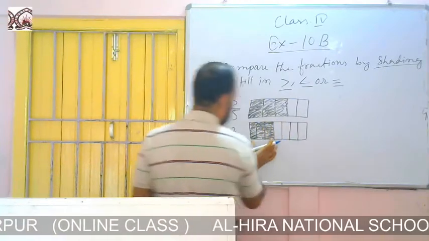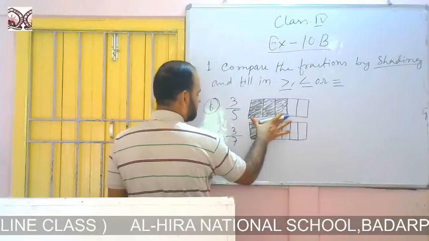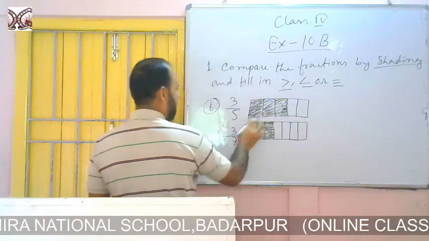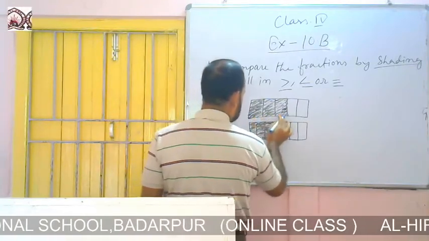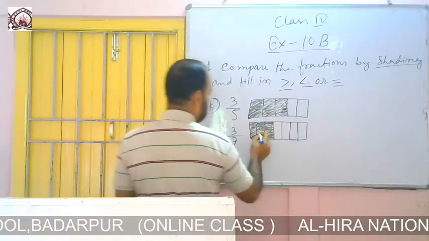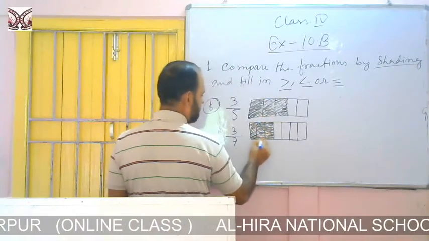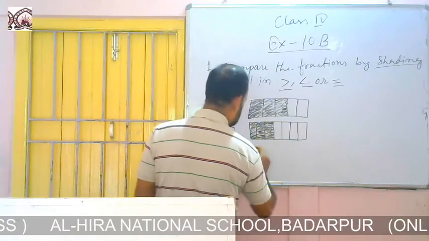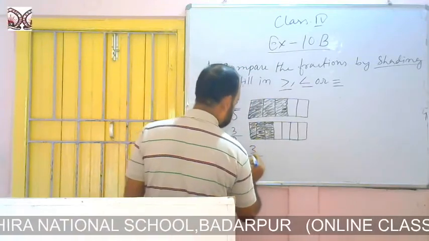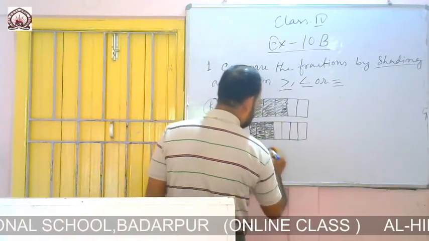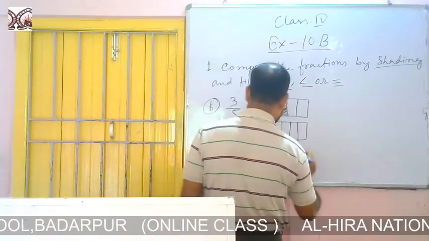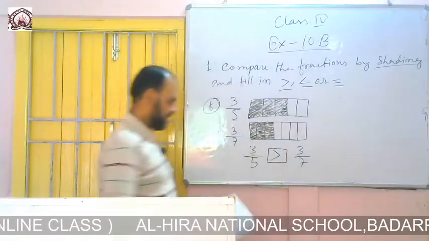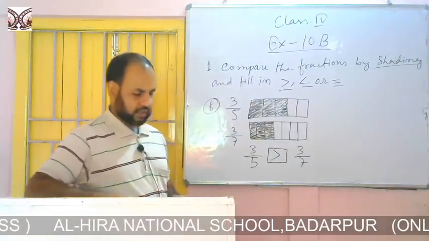So here up to this much and here this. So this first one is greater than the second one, so 3 by 5 is greater than 3 by 7.